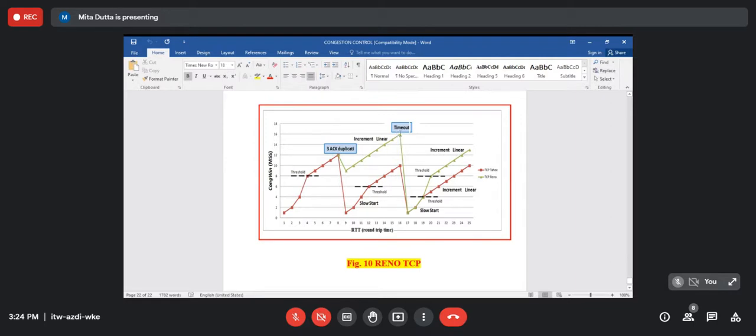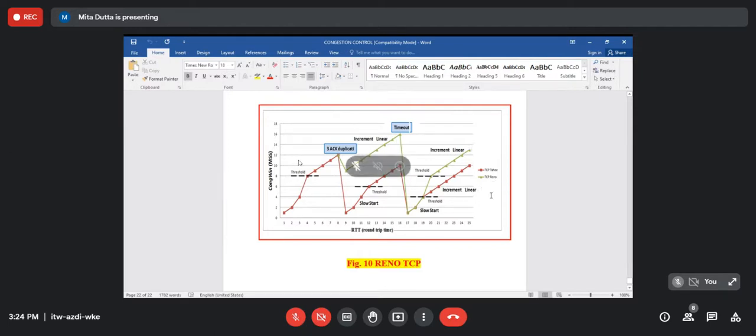Now when a timeout occurs, CWND will be equal to 1, and we are in a slow start phase, and up to this the window set will be CWND by 4, which is 16 by 2, which is again 8, and the window grows linearly in case of TCP Reno.